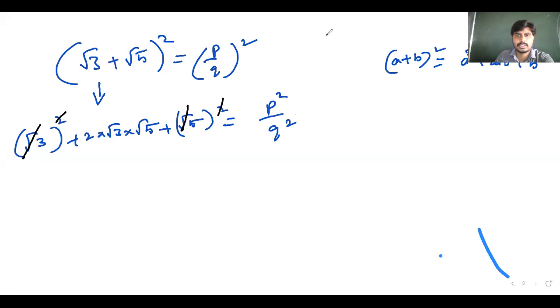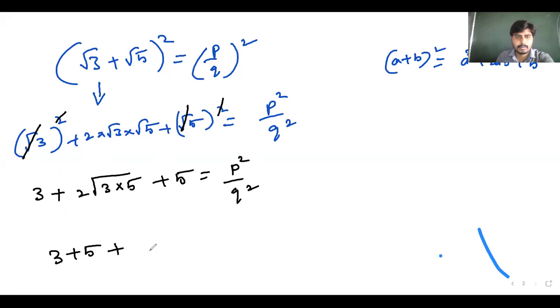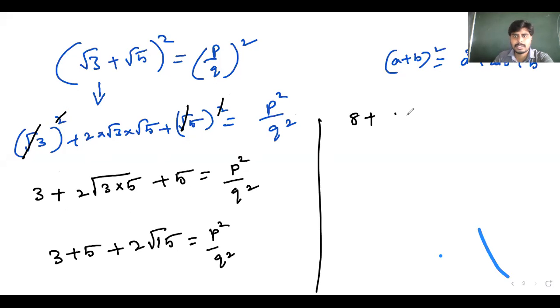What is the remaining? 3 plus 2 into root 3 into 5 plus 5 as it is, equals p square by q square, and 3 plus 5 plus 2 root 15 is equal to p square by q square. The next step, 8 plus 2 root 15 is equal to p square by q square.